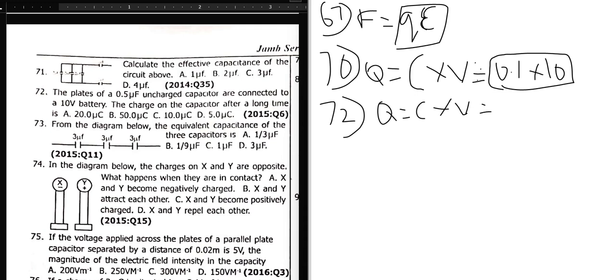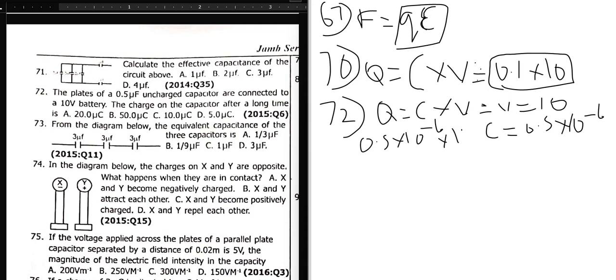Our C now will be 0.5 times 10 raised to power minus 6 because of the microfarad. So what you'll be having is 0.5 times 10 raised to power minus 6 times 10. This is what you are solving to get your charge.